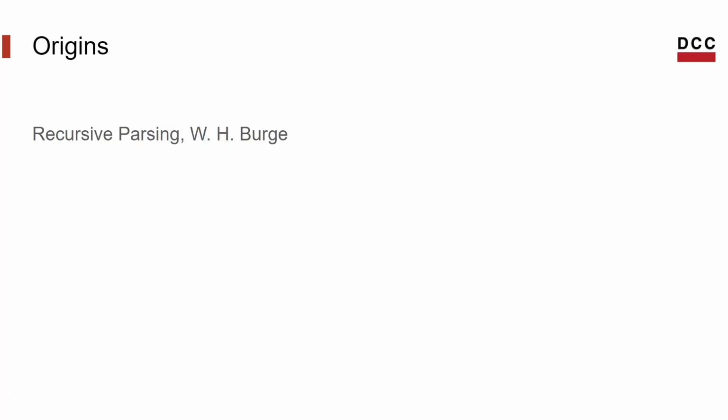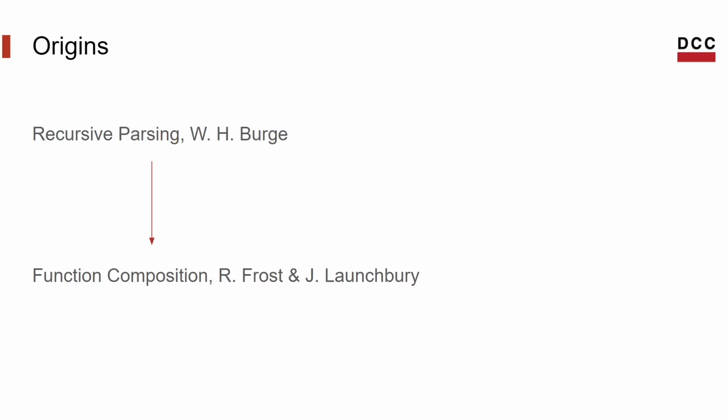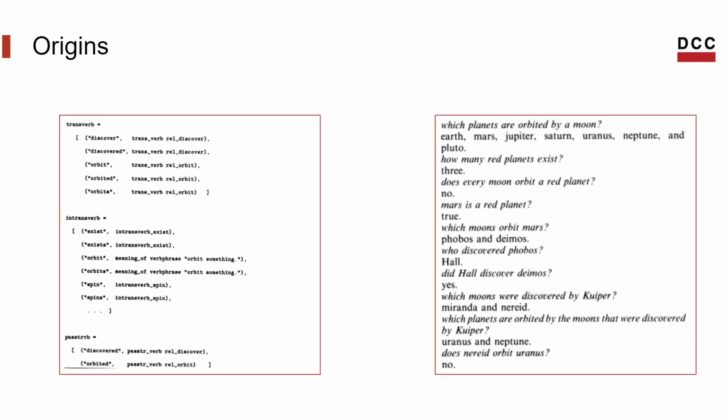William Burge started working with recursive parsers in the 70s, but something more like a parser combinator appeared only in 1989 in a paper by Richard Frost and John Launchbury. They used functions to combine parsers to create a natural language interpreter, and this interpreter answered questions about the solar system.